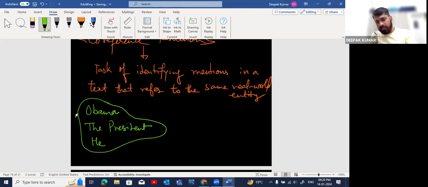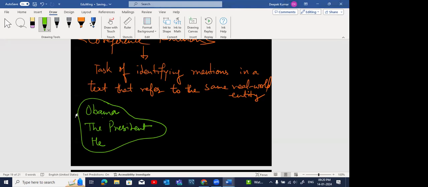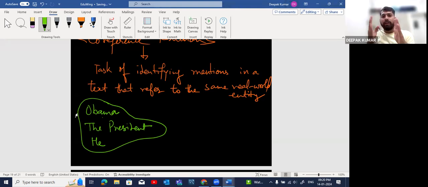Obama is the president, and in the upcoming syntax, he is referred to. So whenever I say he amended the rules of the US, who is he here? The president. Who is the president of the US? Obama. Are you getting it? Such things are called co-reference resolution. Isn't it a new thing you understood today?